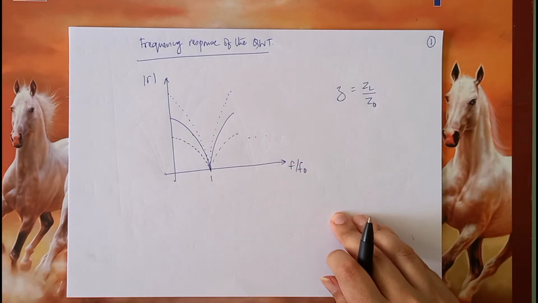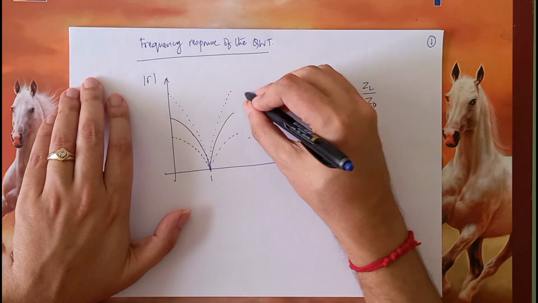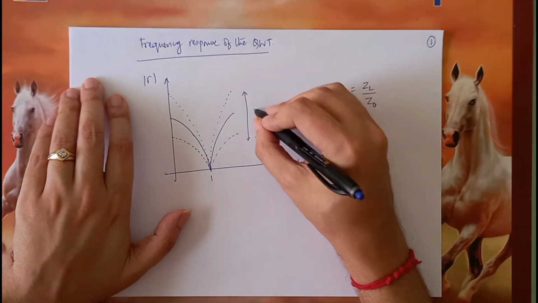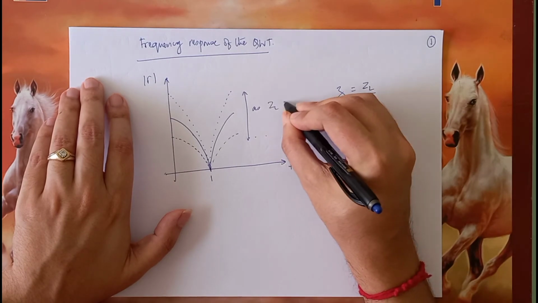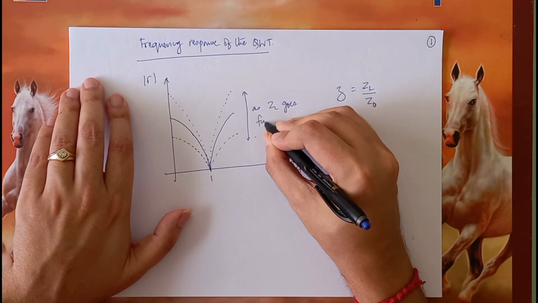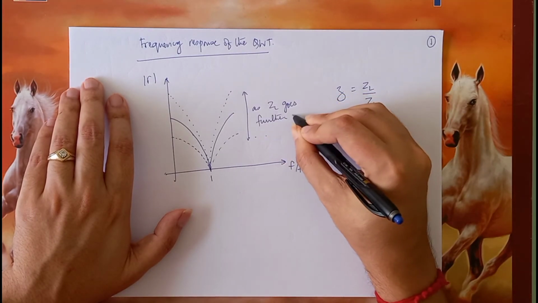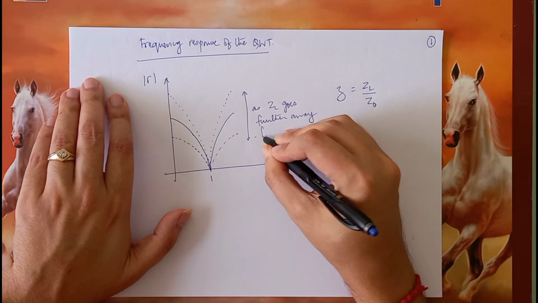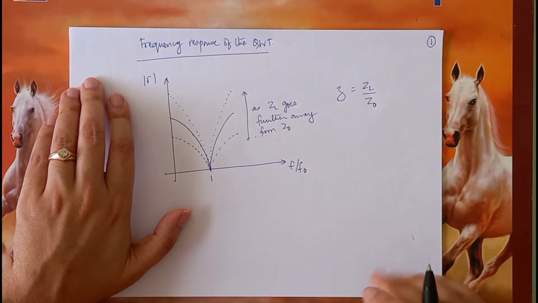So this is as ZL goes further away from Z0.